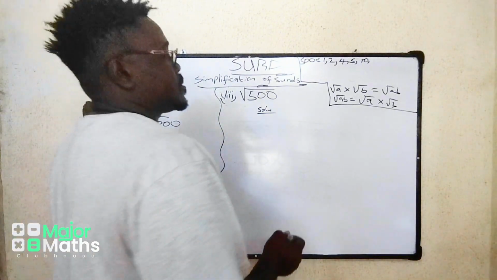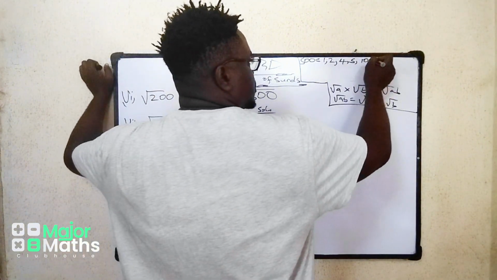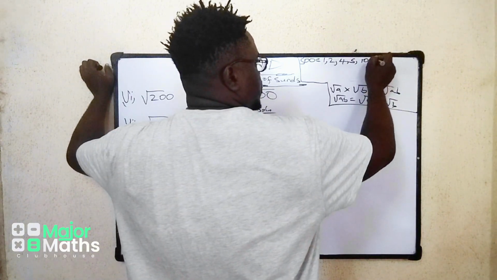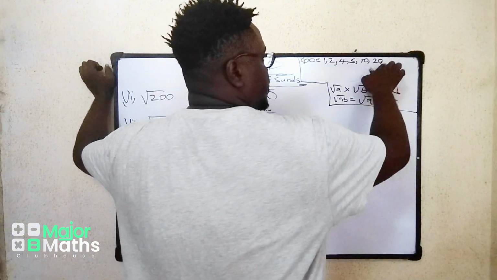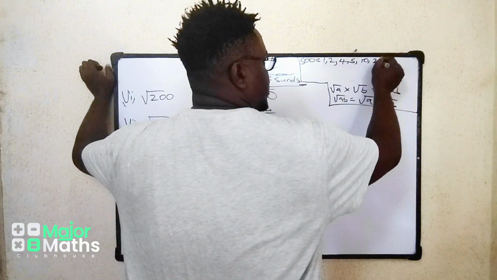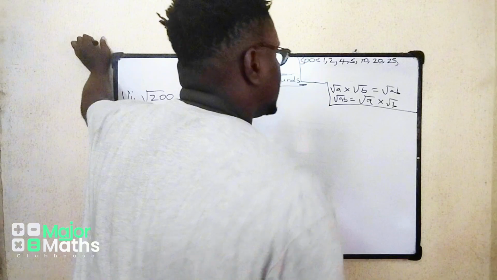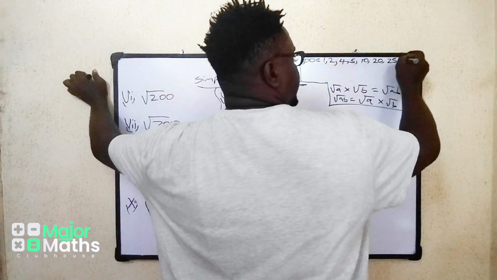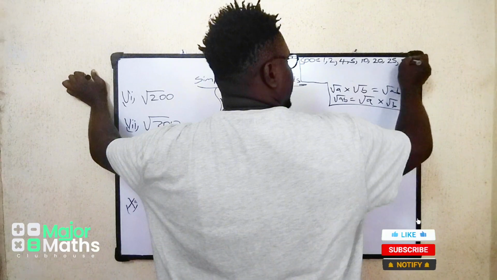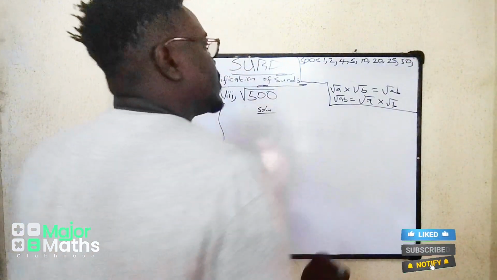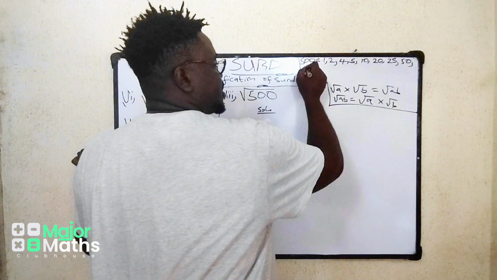Okay, we have 20. We have 25. Okay, we have 30. 40 now. We have 50. We have 75 now. We have 100.